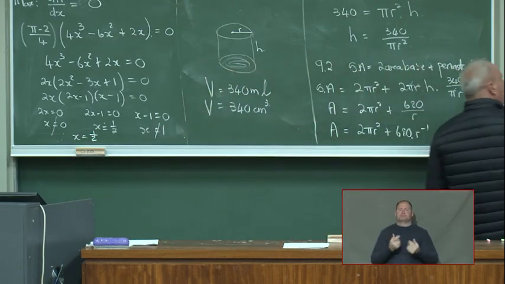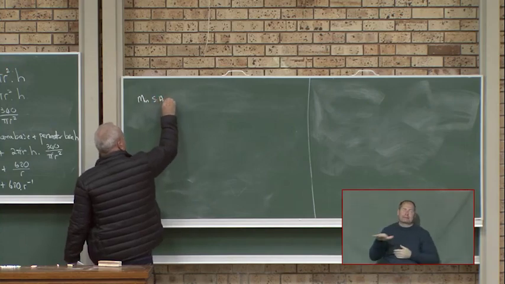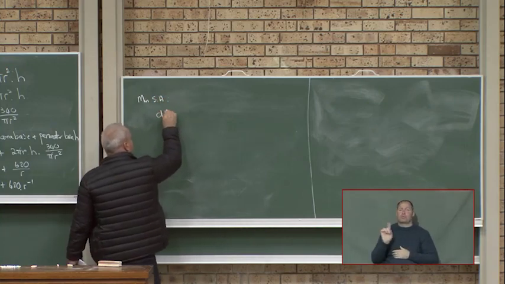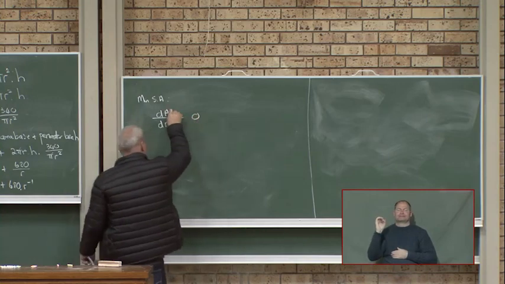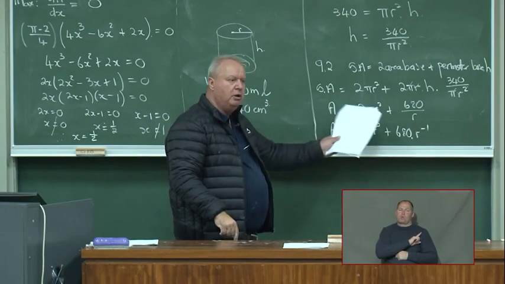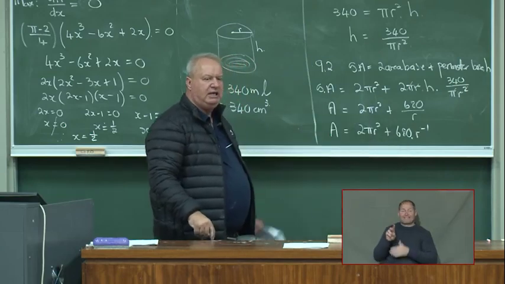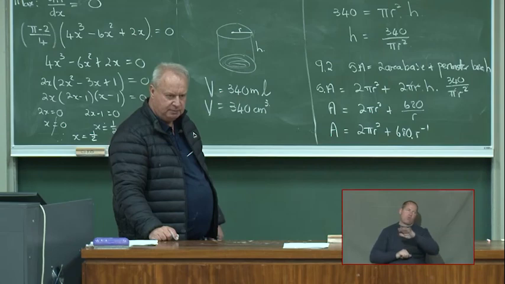So I can say the minimum surface area is given by dA over dr equal to 0. I'm differentiating with respect to r because my variable is r in this case in the formula. Everything else is a constant.